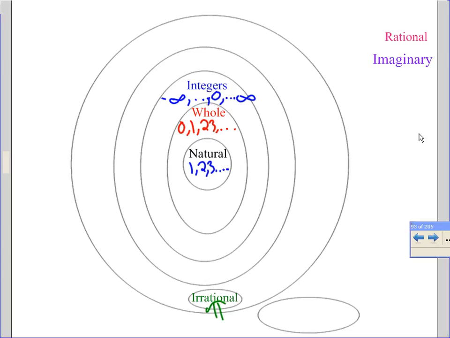Okay, what goes after integer? Donatus? Good, rational. Yep, I forgot to type it. Rational goes above an integer. So I'm going to write for rational: a rational number is a natural, a whole, an integer. And we're rewriting this so you guys learn it.